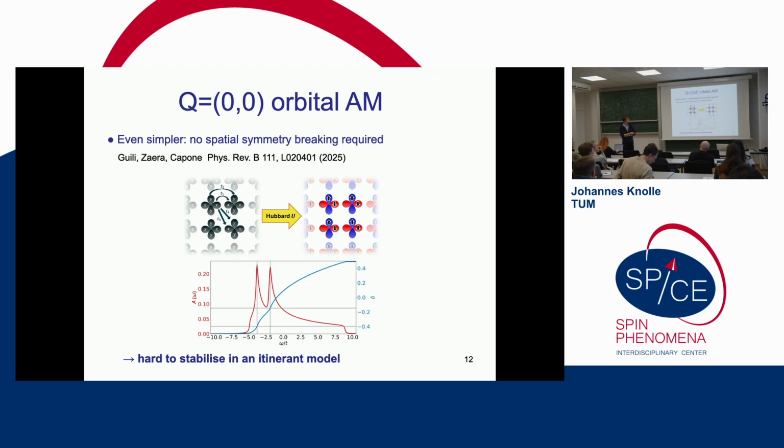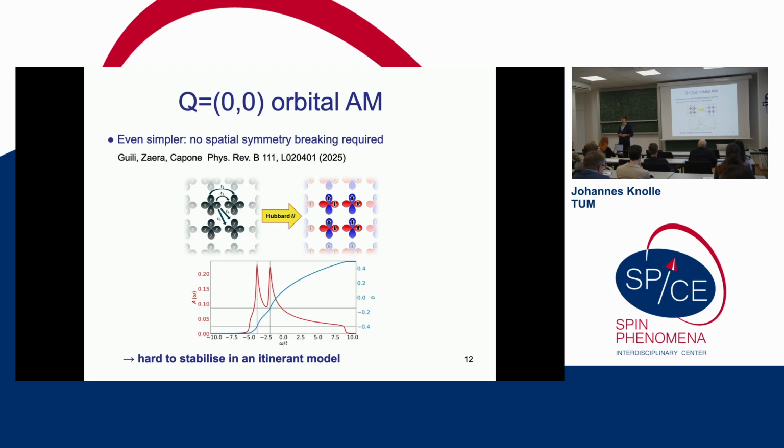They pointed out that if you just take a Hubbard interaction and then you go to very particular fillings, you have Van Hove singularities in the band structure. And then you can also have something like a compensated ferromagnet, where you just have a Q equal to 0 state, where just the XY orbital is basically polarized in one direction, and the XZ orbital is polarized in the other direction.